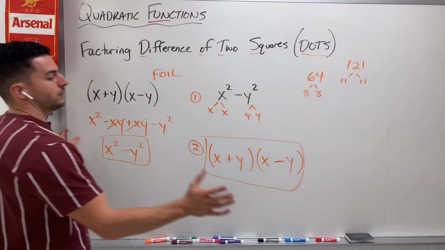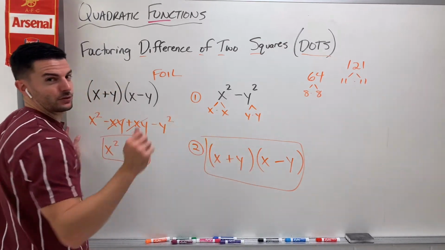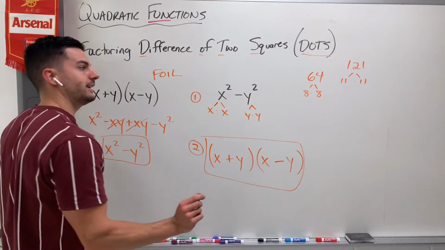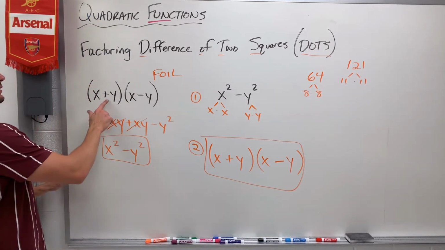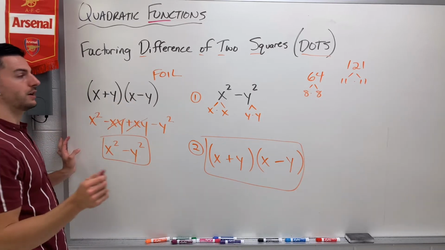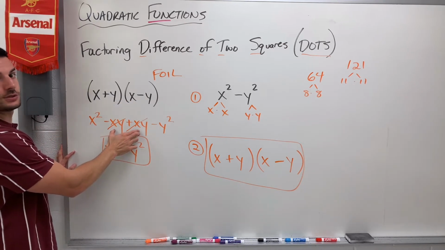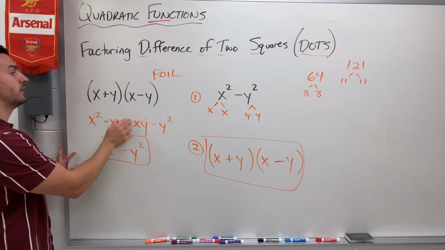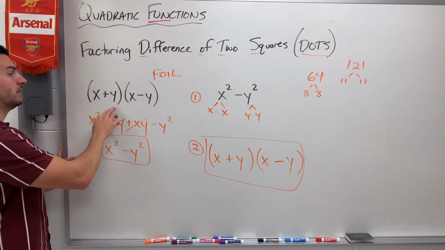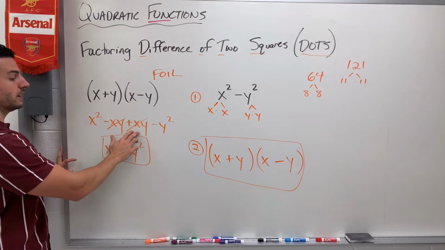Because again, when you would FOIL this, you might be asking, why do you need the plus and the minus? That's actually key, because the fact that this was a plus and a minus here is what made these two middle terms cancel each other out. This was x times negative y, which gave me a negative xy. This was positive y times x, which gave me positive.